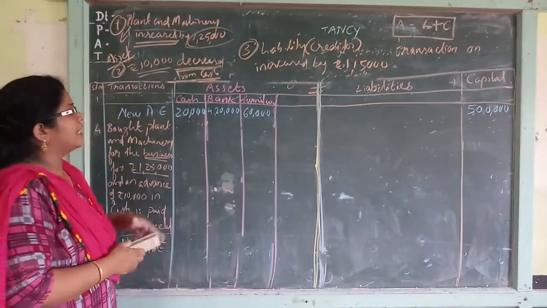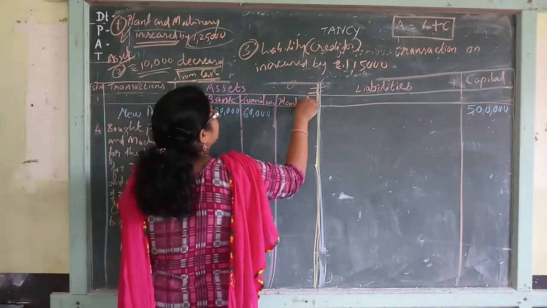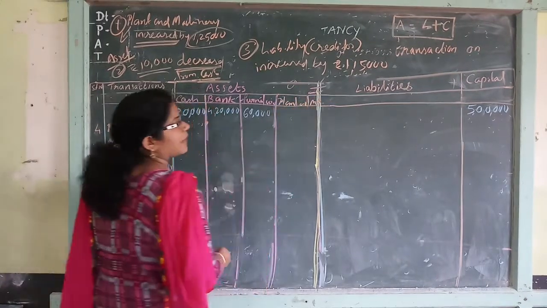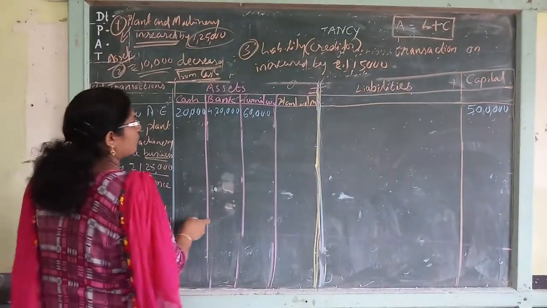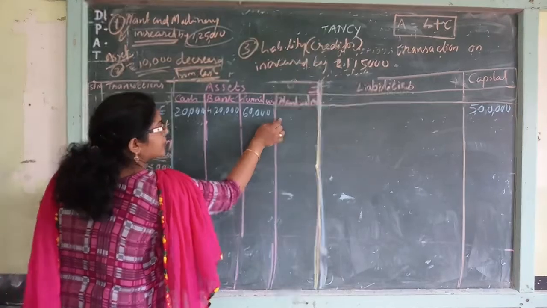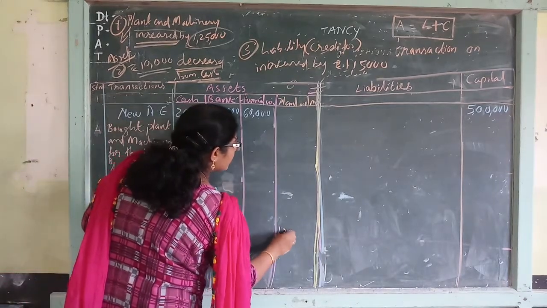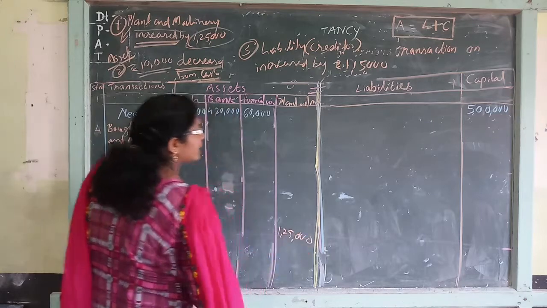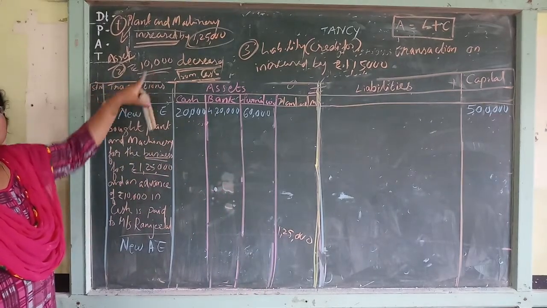One asset, the name of the asset, here I am writing plant and machinery. So I am writing the value here only. Transaction affecting then here, 1,25,000 plant and machinery increase. The second effect is 10,000 cash is decreased.